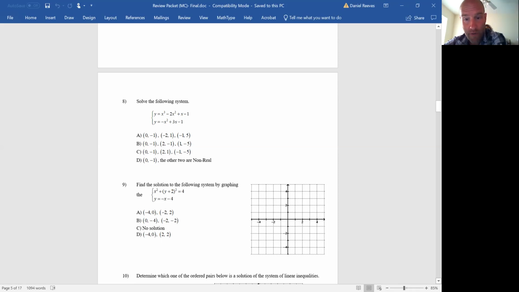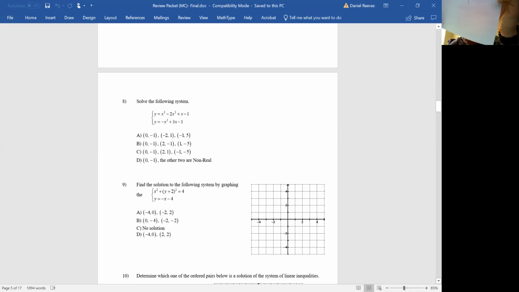Find the solutions to the following system by graphing. If I were to graph this thing, I would realize that the first thing is a circle with a radius of 2 and a center at 0, comma, -2. So it's just going to touch the origin.